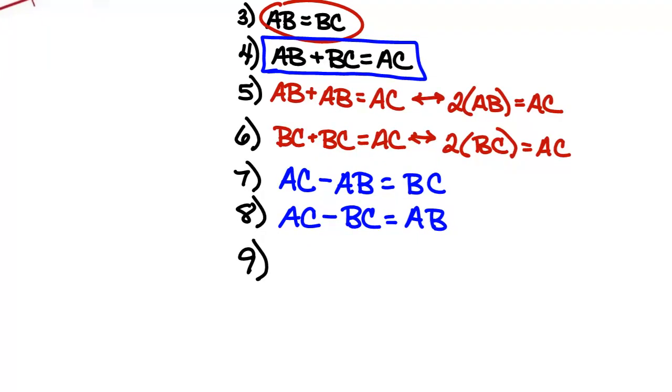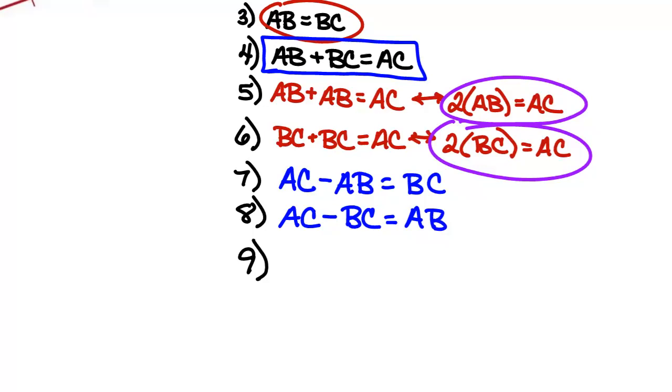For these last two statements, I'm using these ideas up here. If I know how big AB is, and I want to know how big AC is, I would take this length and double it to get the whole thing, right? Well, what about if I knew how big the big one was, and I wanted to know how big the little piece was?